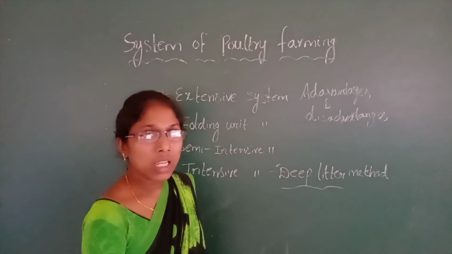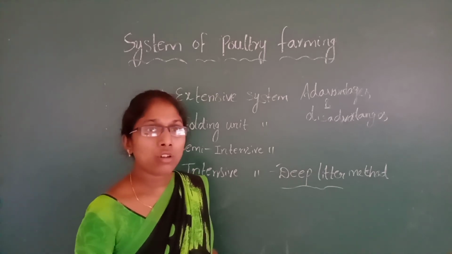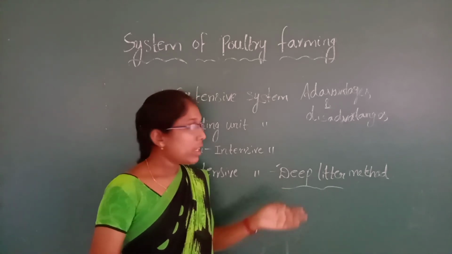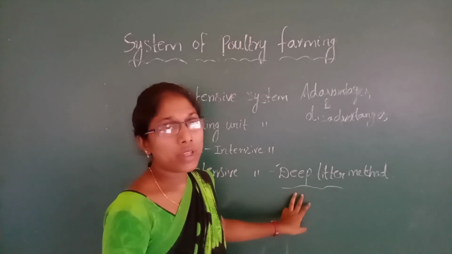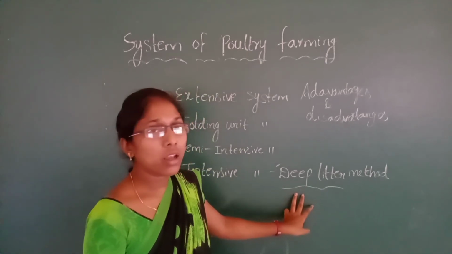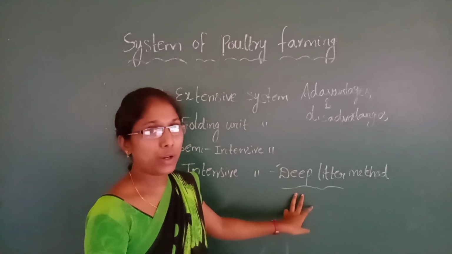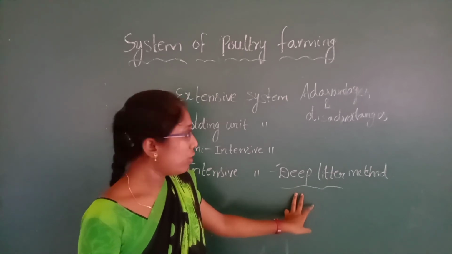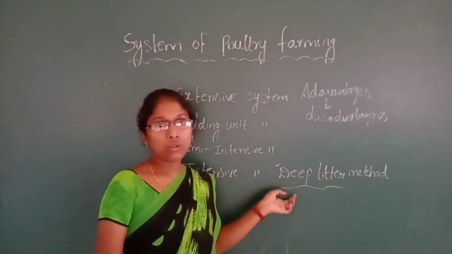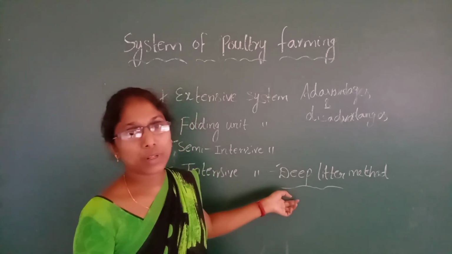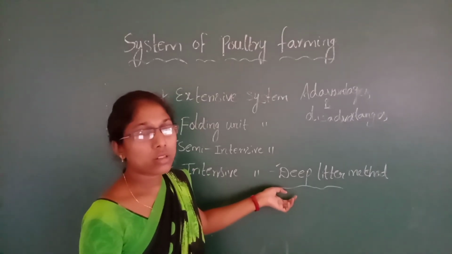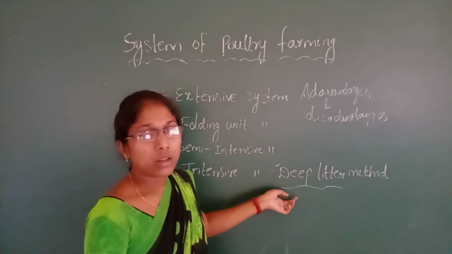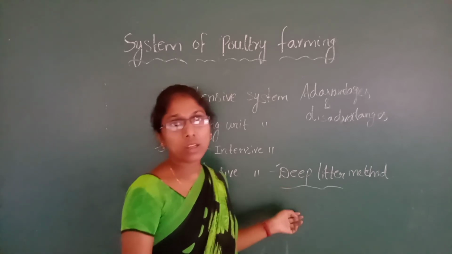After 1 year we clean the house, take out all the deep litter, and fill it again. Because it is always absorbing moisture, this deep litter has 3% nitrogen, 2% phosphorus and 2% potash. So this type of deep litter is used to prepare manure, used as a fertilizer.